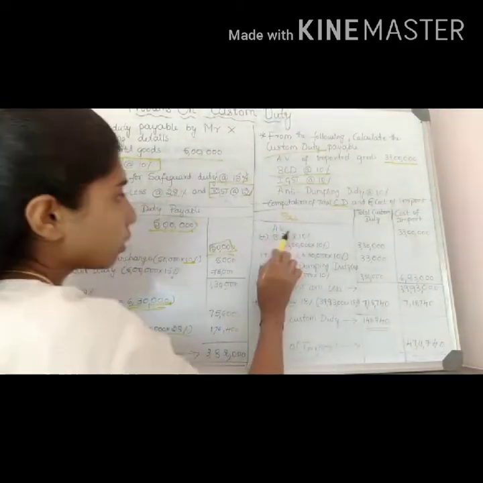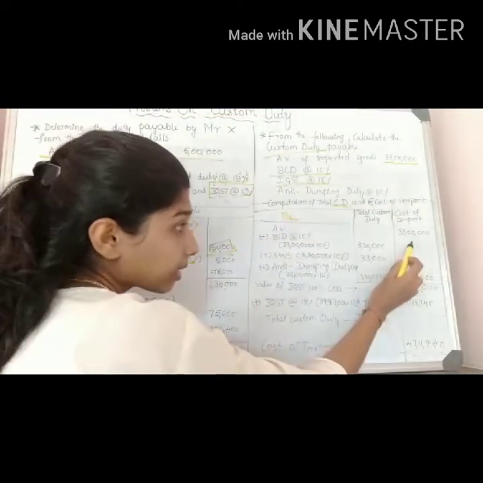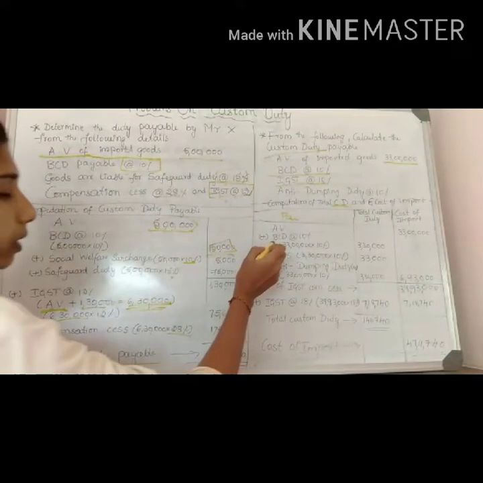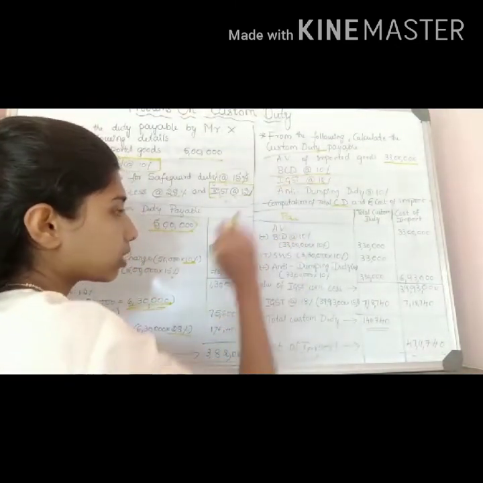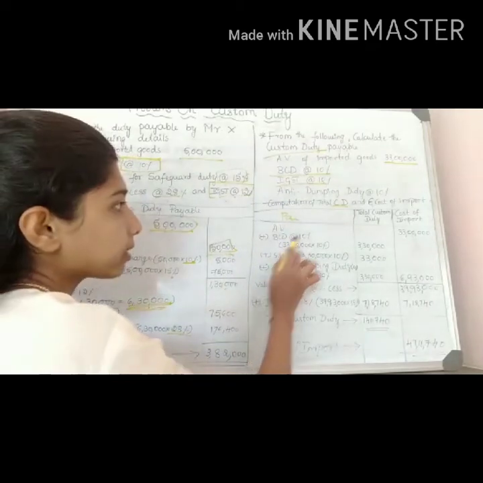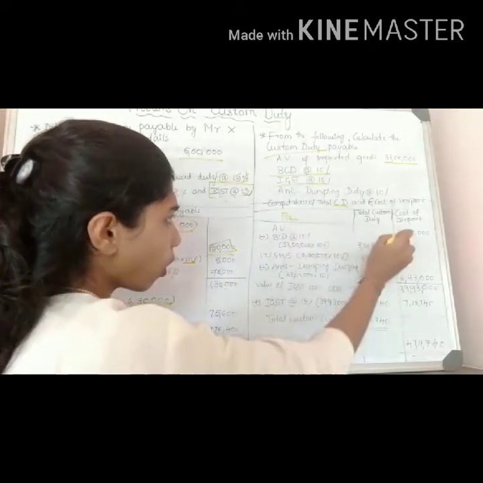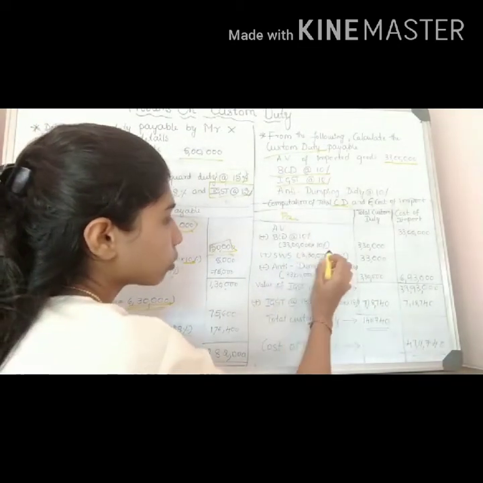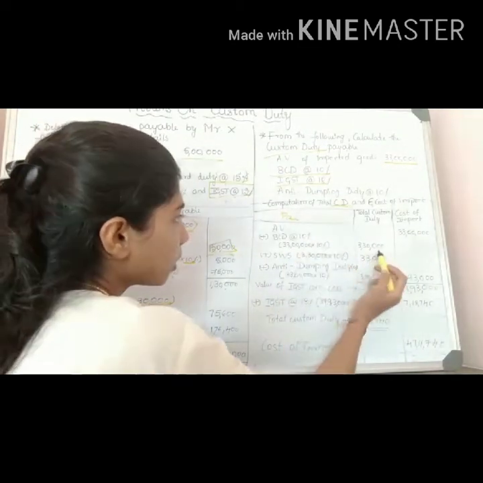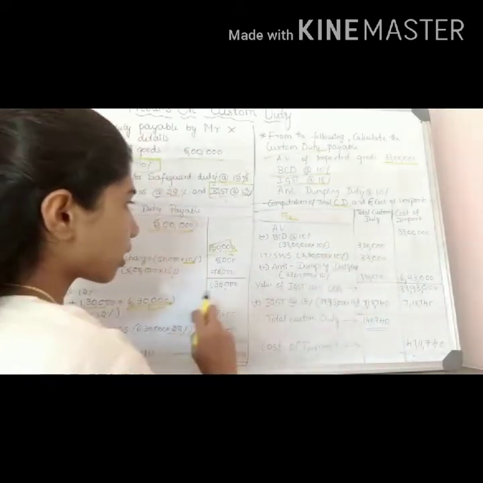Assessable value 33 lakh. BCD is directly given in the problem, so BCD at 10% on assessable value: 33 lakh into 10%, 3,30,000.